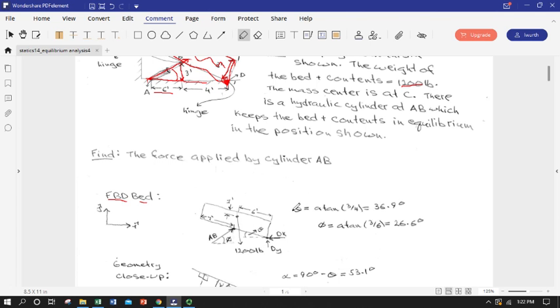So I'll start by writing expressions just in terms of degrees for the different angles. So phi is 36.9 degrees, and phi is 26.6 degrees, and theta is 36.9. 26.6 and 36.9.